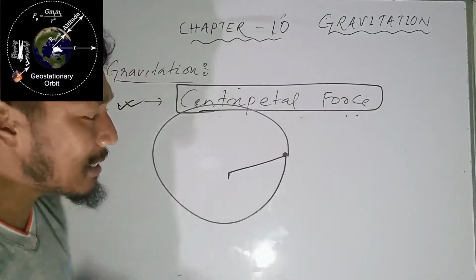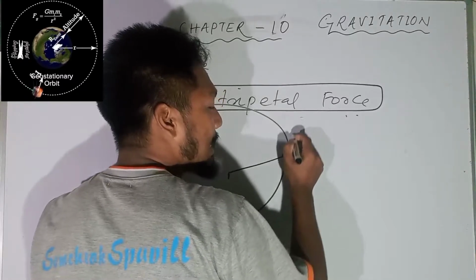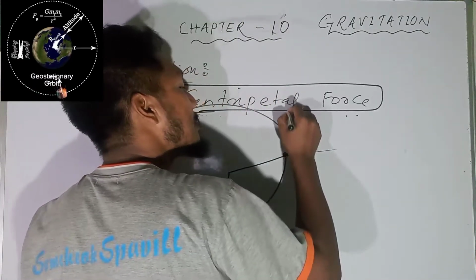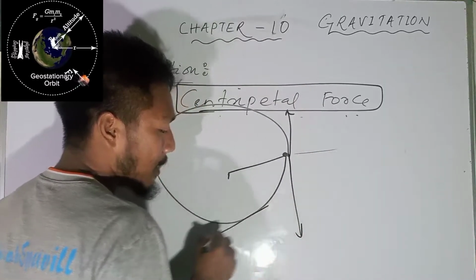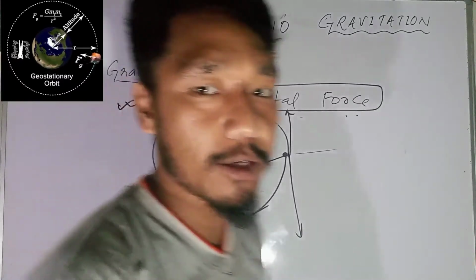Yes or no? Once I release the stone, it will move tangentially on a straight line. The stone will move on a tangent, leaving the circular path. If I release it at this very point, the stone will move in this direction.